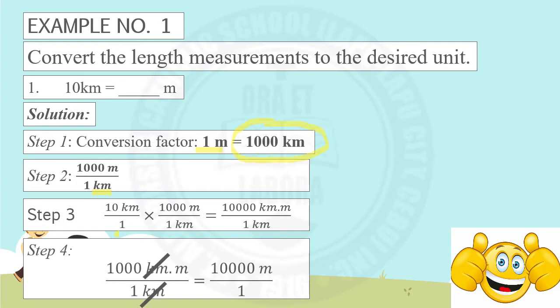So that's why we put the kilometers at our denominator, so that we can cancel out. That's our goal, to cancel out kilometers and the remaining will be meters. So the result is 10,000 meters over 1 and our final answer is 10,000 meters.